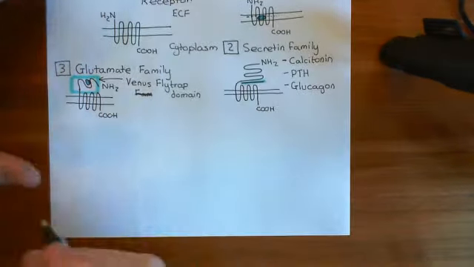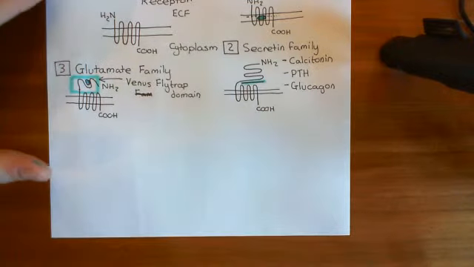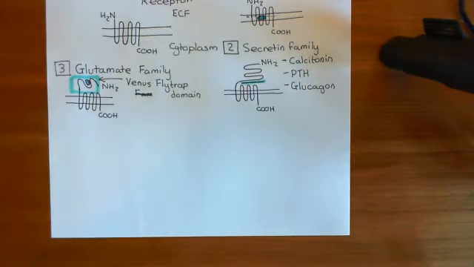So, what examples are there of glutamate family G protein coupled receptors? Well, most glutamate receptors in the brain are not G protein coupled receptors. Glutamate is the main excitatory neurotransmitter in the brain. So when you have one neuron synapsing onto another neuron, and the presynaptic neuron wants to trigger an action potential in the postsynaptic neuron, usually they release glutamate and that excites the next neuron along.